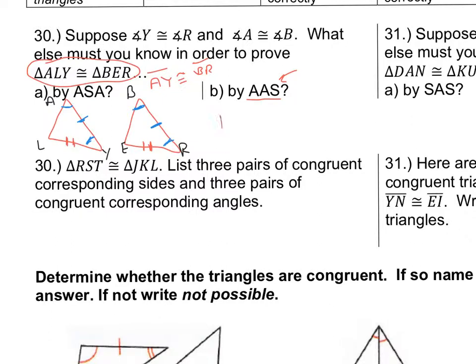So one correct answer would be segment RE must be congruent to segment YL, or you also could choose the one on the other side, AL congruent to BE. Both would actually work here. So again, in the three-letter designation, the order or the location of these things is actually very important.